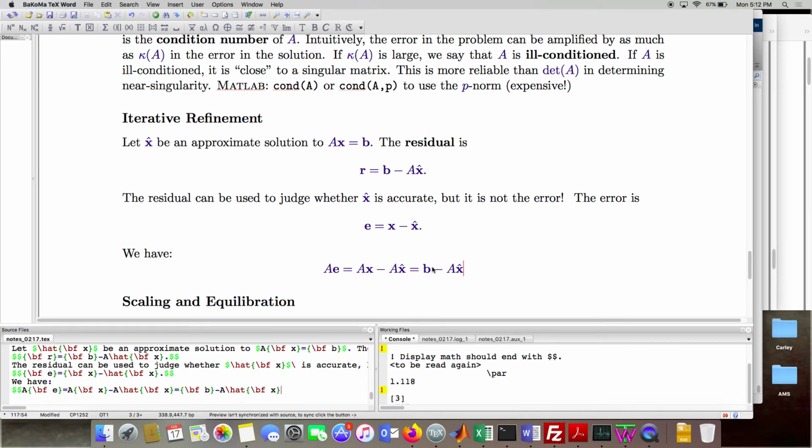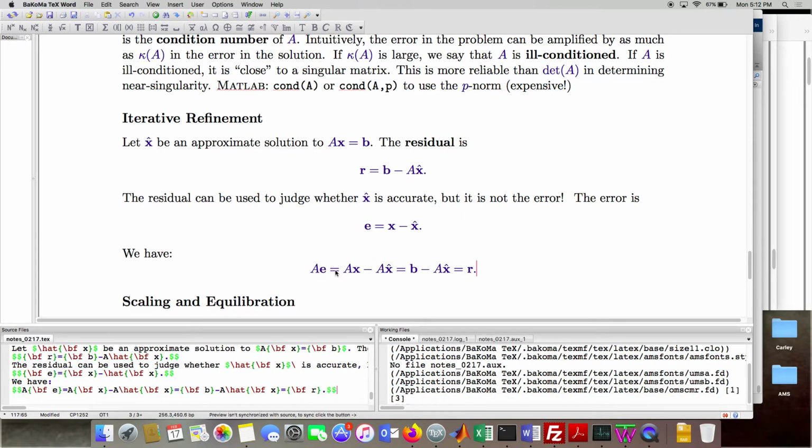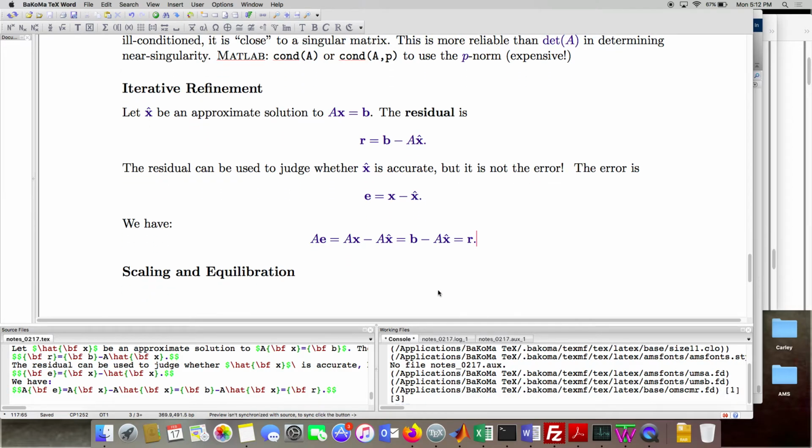So we get b minus A x hat, but that is equal to R. So that's how the error and the residual are related. A times the error equals the residual.